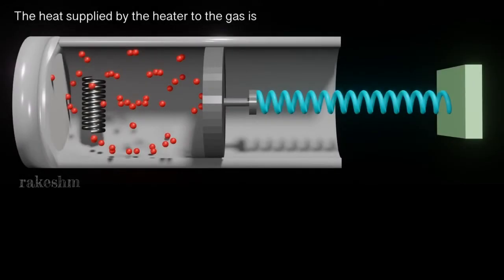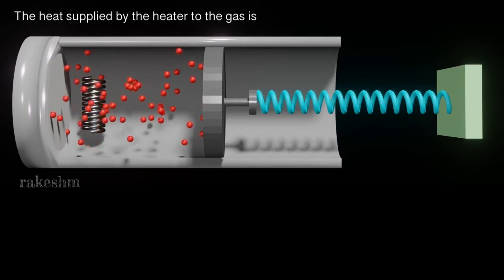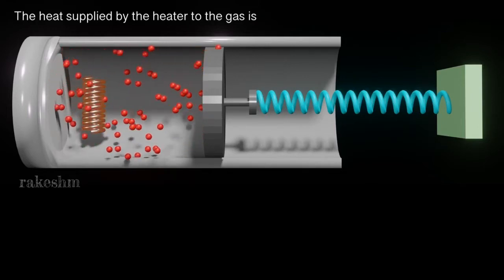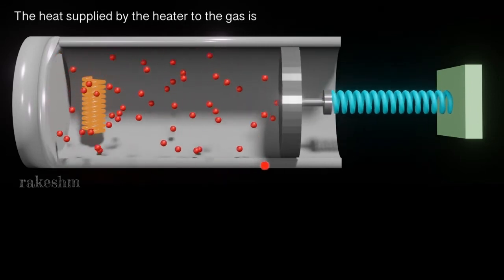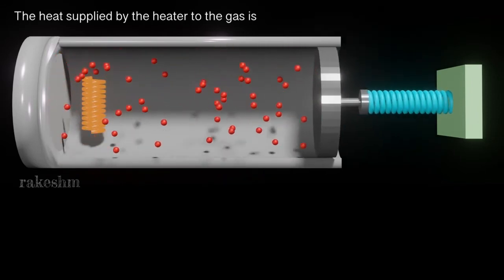This is a continuation of part 1 of the JEE Advanced 1989 question. In this question, he is asking us the heat supplied by the heater to the gas is dash. We can observe that this is neither a constant volume process. See, the volume of the gas is changing, so it is not a constant volume process.